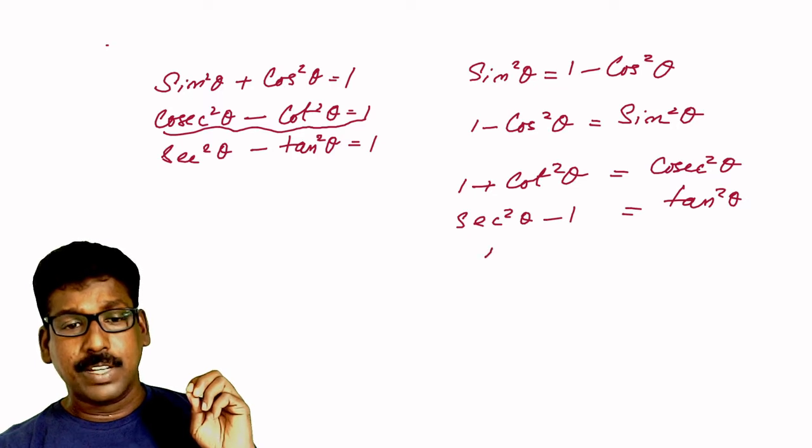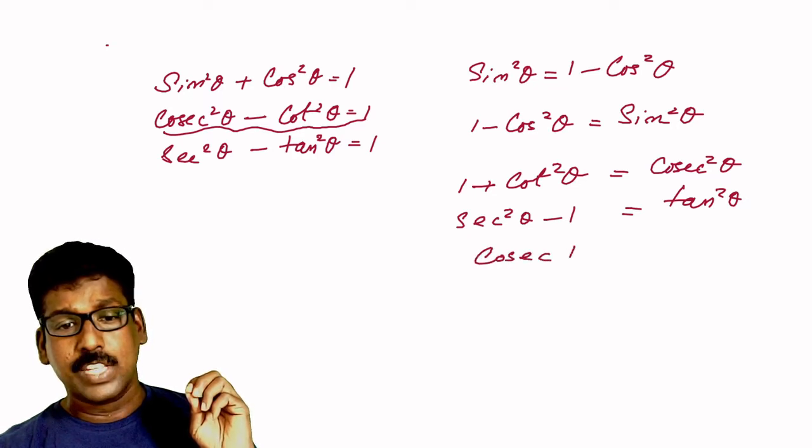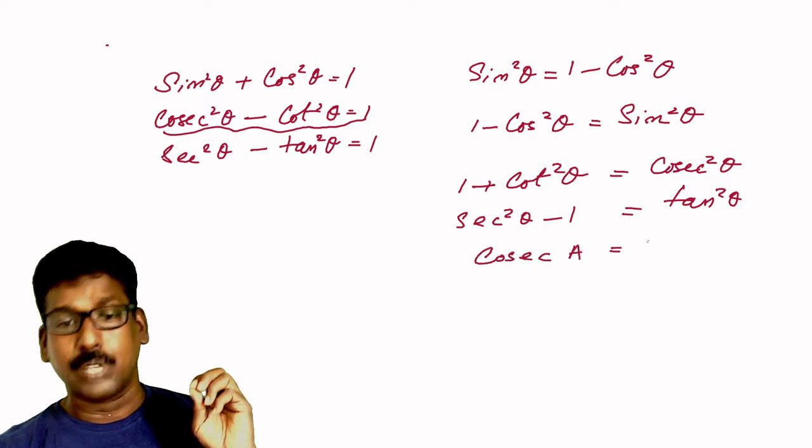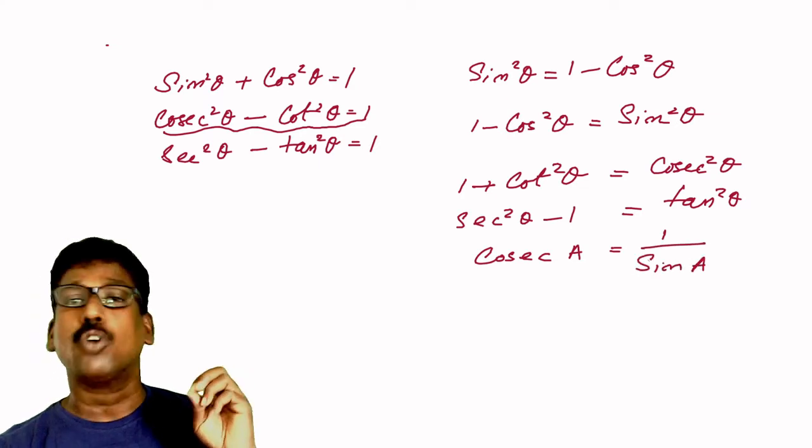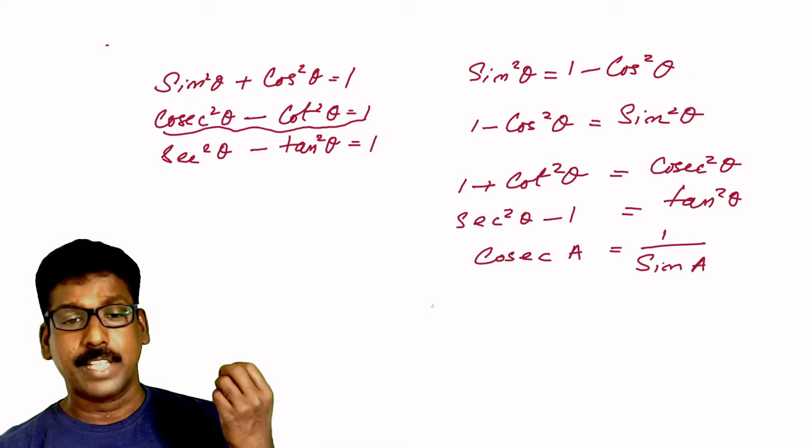If it is given cosec A, immediately you can write it as 1 by sin A, because cosec is the reciprocal of sin.